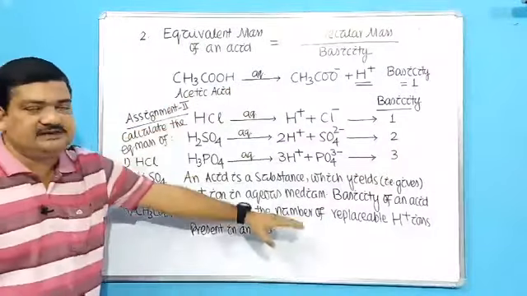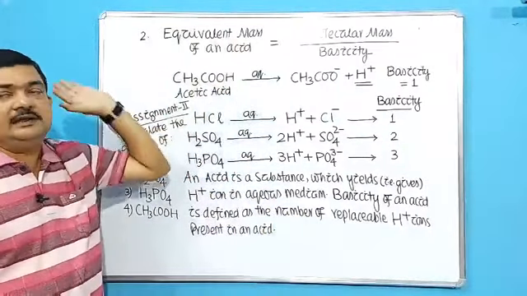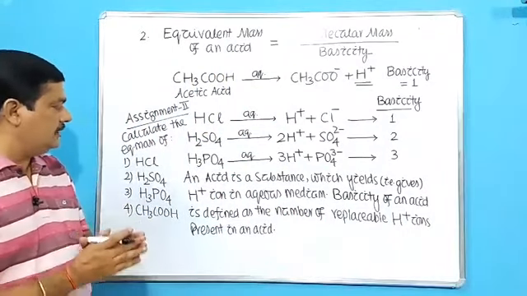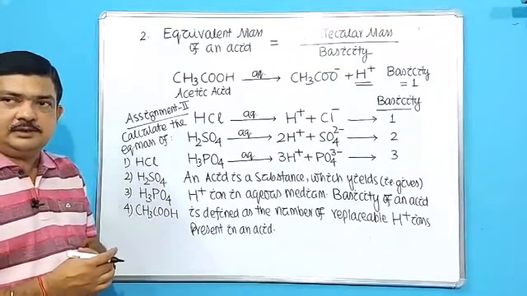So I already calculated the basicity of these four. You have to simply use the formula, molecular mass by basicity. Use the formula directly and send me the answer. You know how to calculate the basicity.